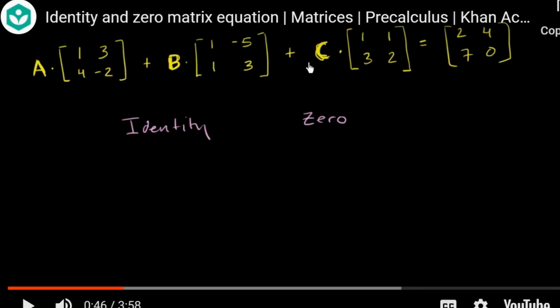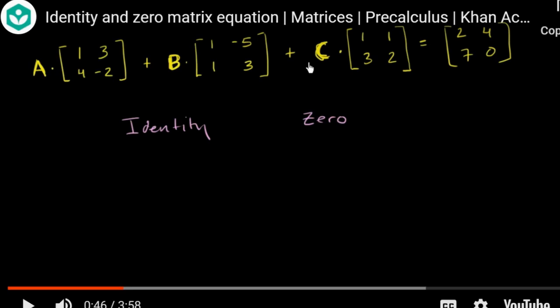So the question, and like I said, there's a question in our quiz, is A, B, and C. We have to figure out which of those would be identity matrices and which would be a 0 matrix. Well, what do we know about identity and 0 matrices? If, for example, A was a 0 matrix, that means A times this matrix would be 0.